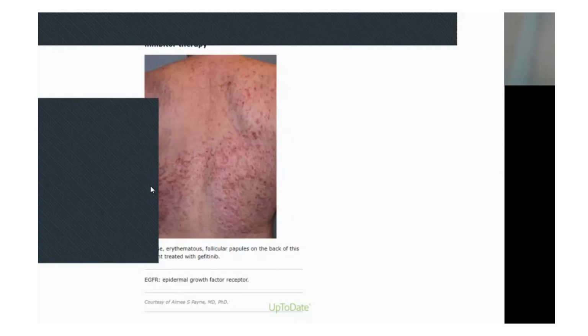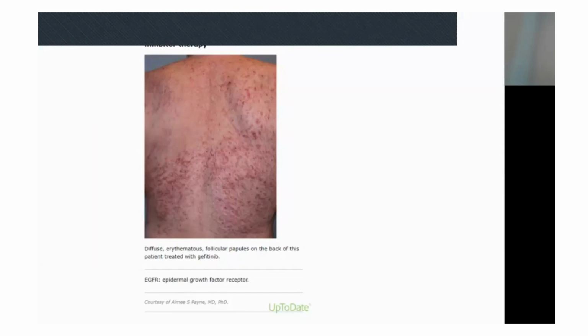And if we can't make them less or if they become dangerous, the option would always be just stopping the drug and trying something different. But between steroid creams, antibiotics, and other interventions, we can oftentimes reduce the severity of the rash that may occur secondary to these MEK inhibitors.